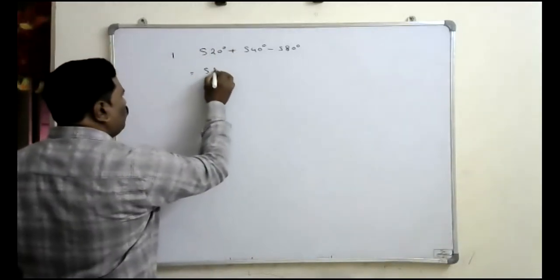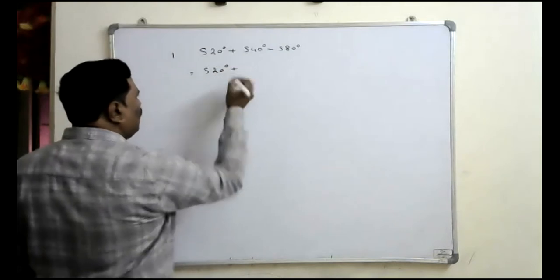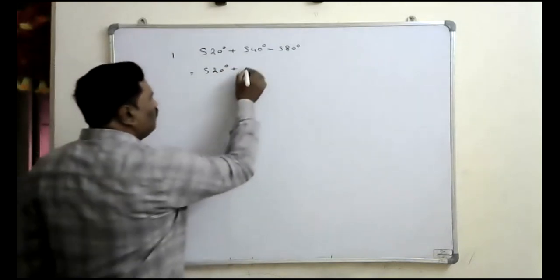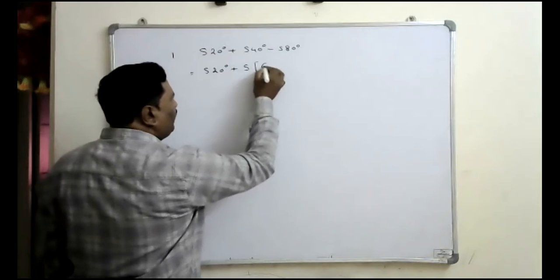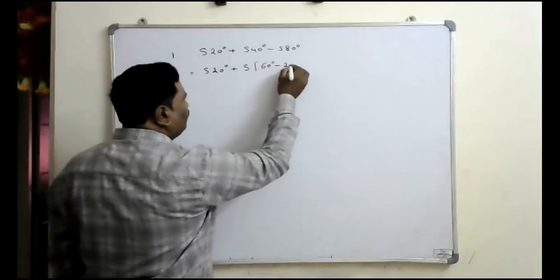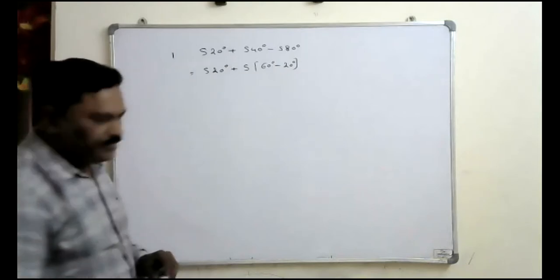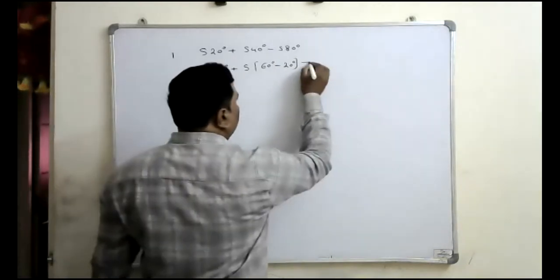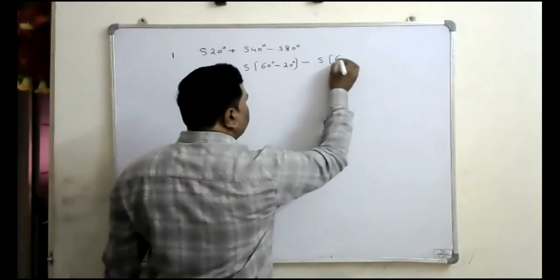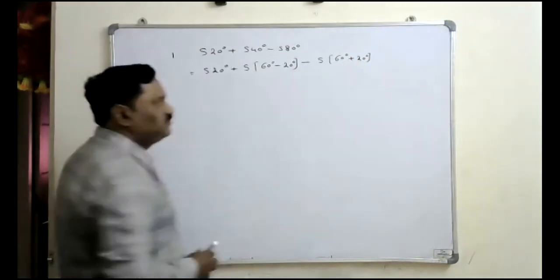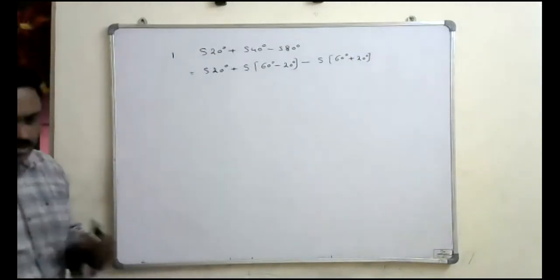Here sine 20 degree plus sine 40 degree is there. This 40 we will write as sine of 60 degree minus 20 degree, and sine 80 degree I can write as 60 degree plus 20 degree.